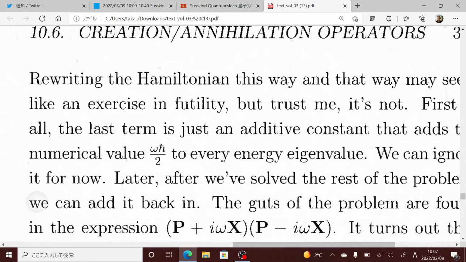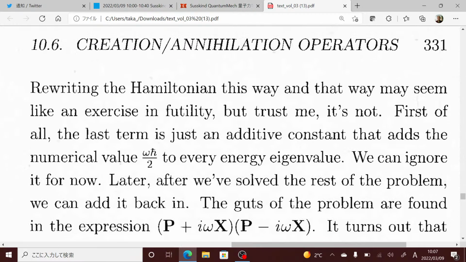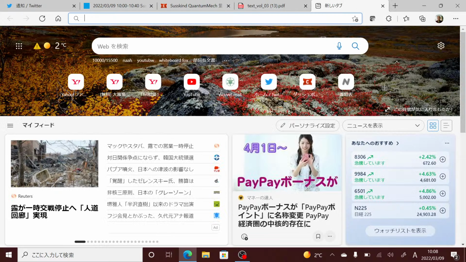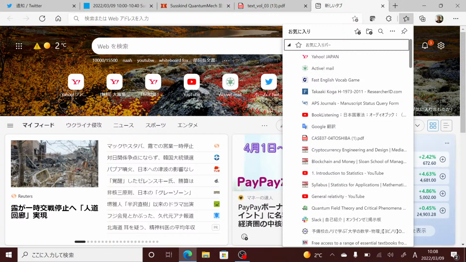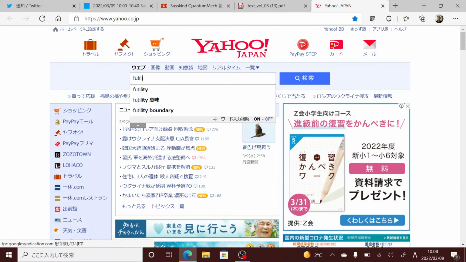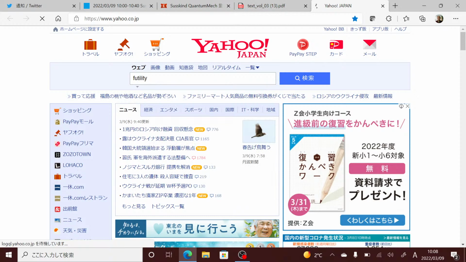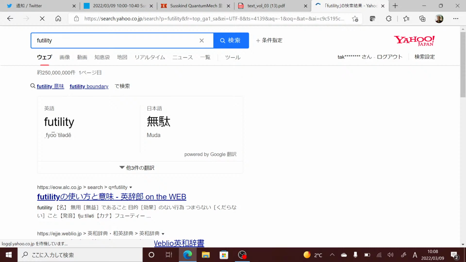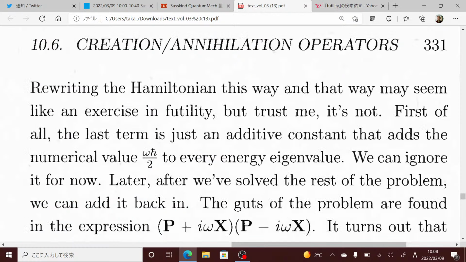Rewriting the Hamiltonian this way and that way may seem like an exercise in futility. 無駄なエクササイズのように見える。But trust me, it's not.